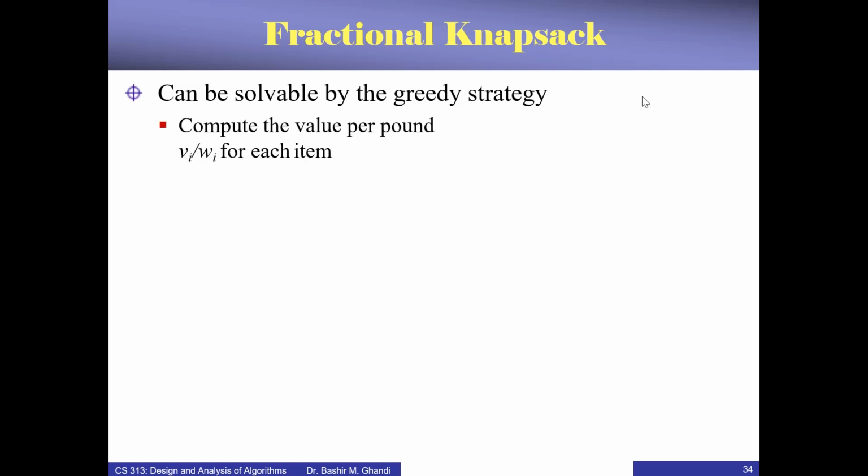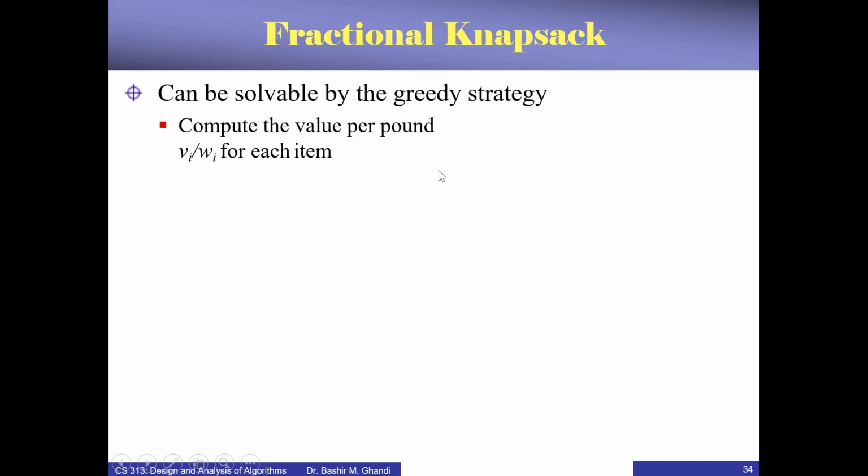Now let's look at the fractional knapsack and see how we can solve it using the greedy approach. This can be solved by the greedy strategy, because all you have to do is compute the value per pound for each of the items. The item that has the most value based on weight is the most valuable item.